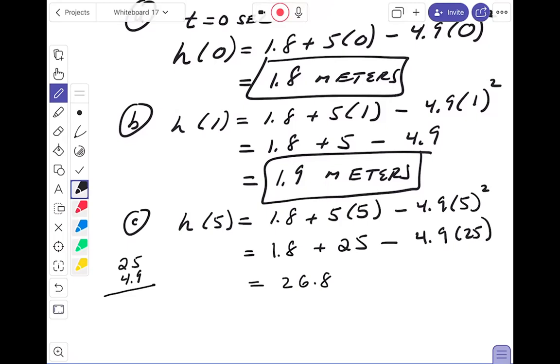So 9 times 5 is 45. 9 times 2 is 18. 18 plus 4 is 22. And then what do you get? 4 times 5 is 20. And that's 122.5. Write that down.